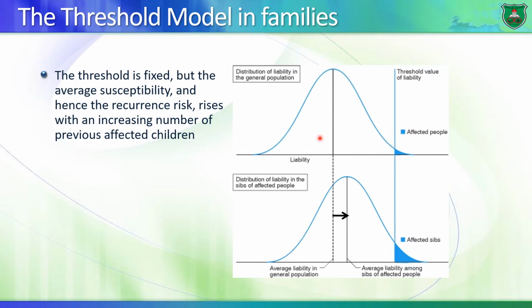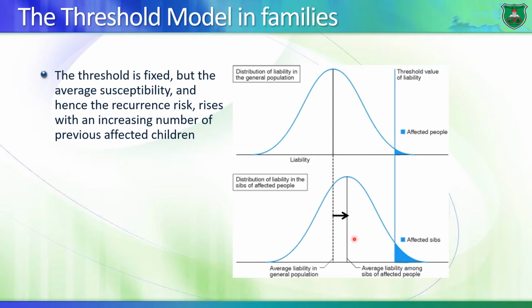So the liability, the number of factors, does not change. It's still 5 factors, let's say, of environment, genetics, or pathogens. But the bell curve shifts a little to the right, which would increase the proportion of individuals being affected with the disease. The number of factors does not change.